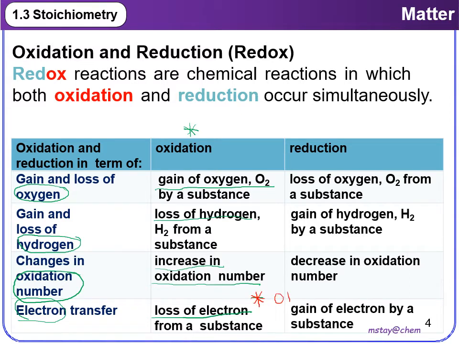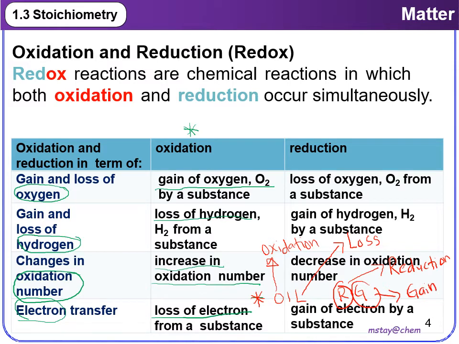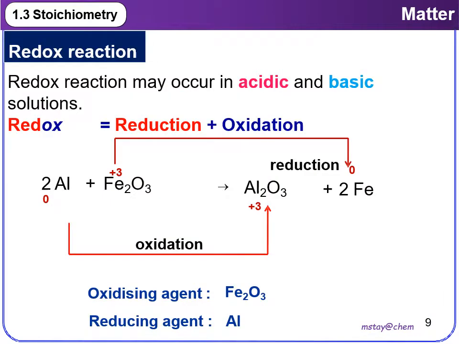For losing electrons, maybe we can remember one term, OIL RIG, where O represents oxidation, while L represents loss of electrons. R represents reduction, while G represents gain of electrons.